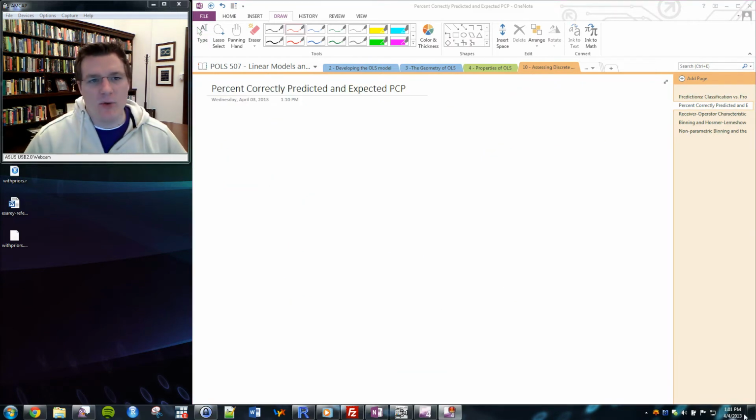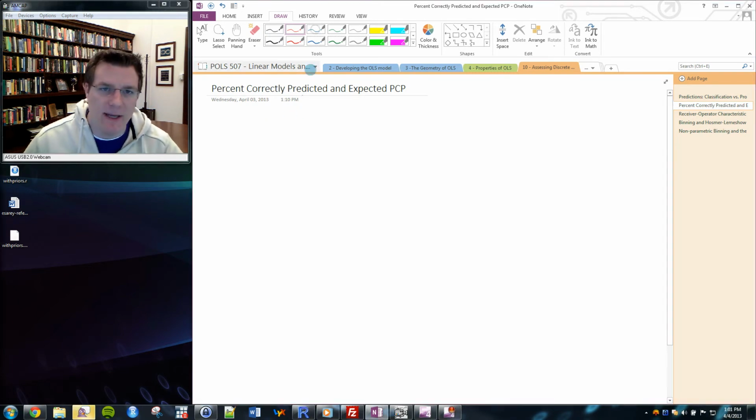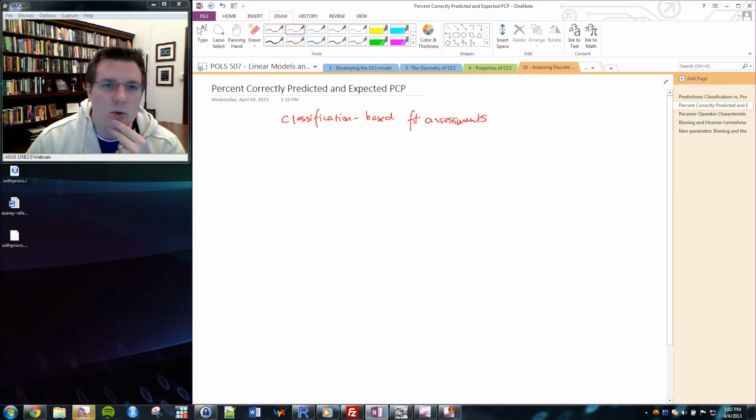So the percent correctly predicted and expected percent correctly predicted are classification-based fit assessments. And what they do is categorize an observation as predicted to be a 1 or a 0.